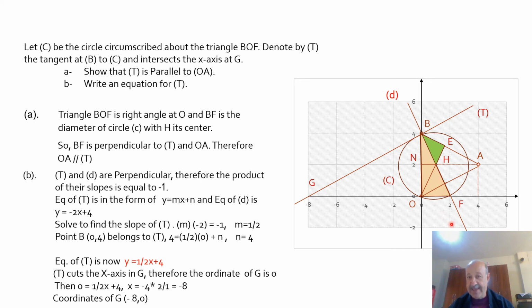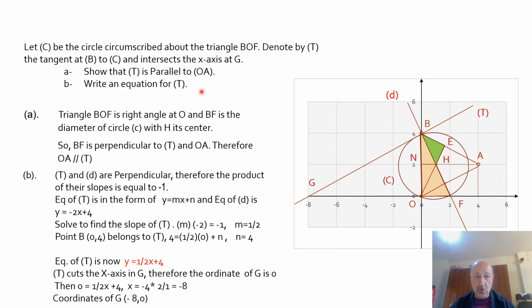And BF is the other altitude in triangle OAB because it's passing through H, the orthocenter. So if two lines are perpendicular to one line, they are parallel. So T and OA are parallel.